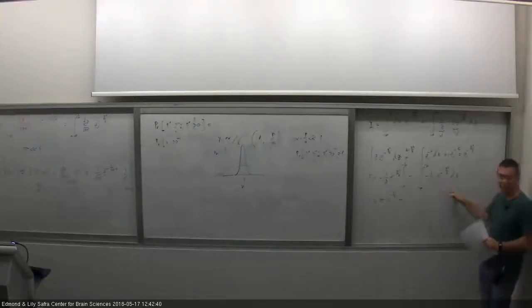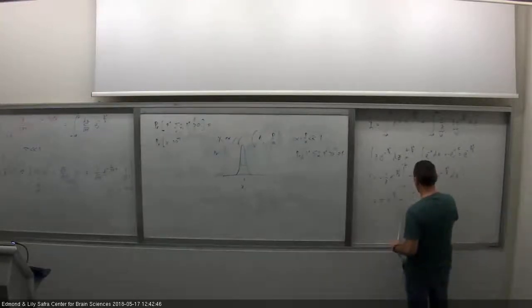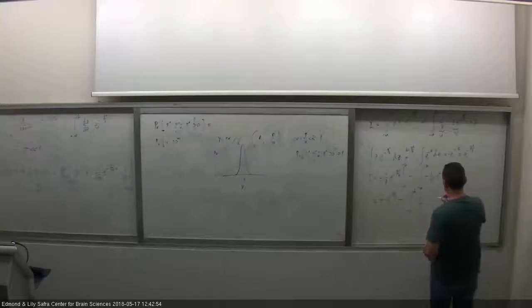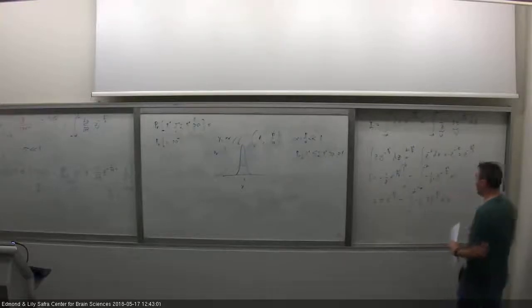What do we do with this term? We can do the same trick. So this would be an integral from minus infinity to minus 1 over sigma of minus 1 over z to the power of 3, times z e to the minus z squared over 2 dz.